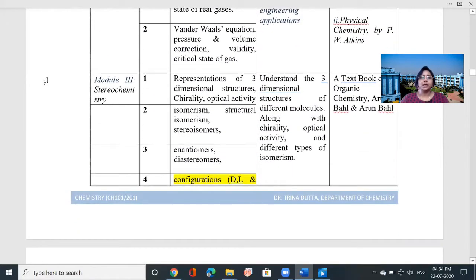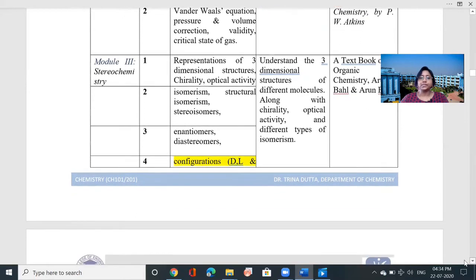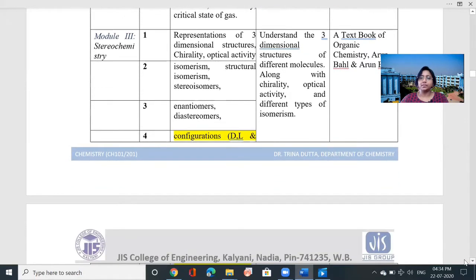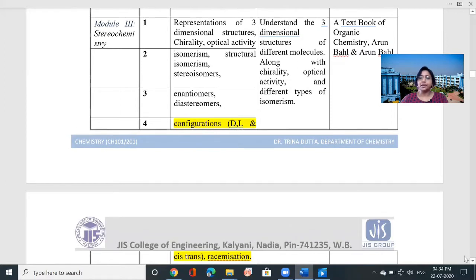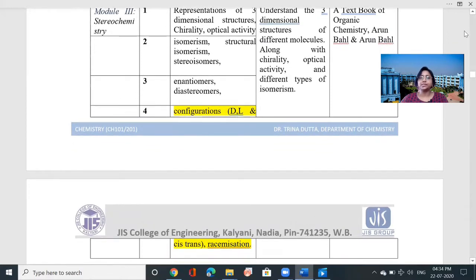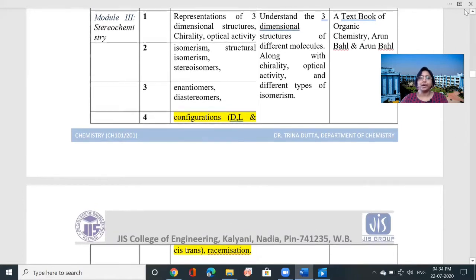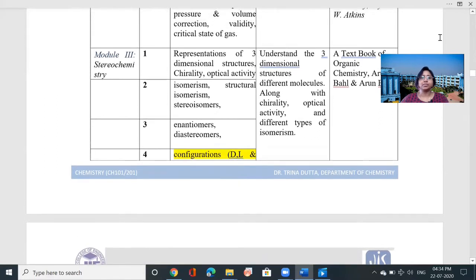Today I will cover the DL configuration, Cis-Trans and racemization. That is the last lecture of stereochemistry. In the first lecture, module 3, you learned the representation of 3-dimensional structure, chirality, and optical activity.